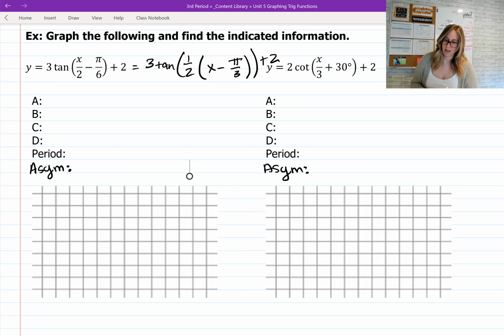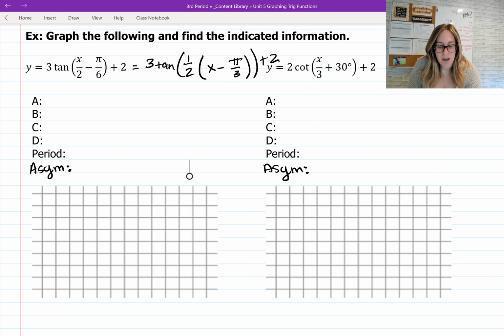I double checked, because I didn't use parentheses the first time, and it works. So pull out the 1/2 and you have x minus pi over 3 left, and then the plus 2, which is our vertical shift on the outside.